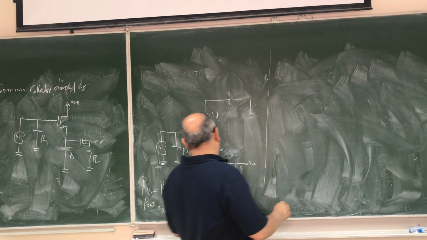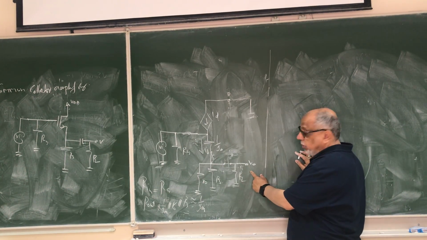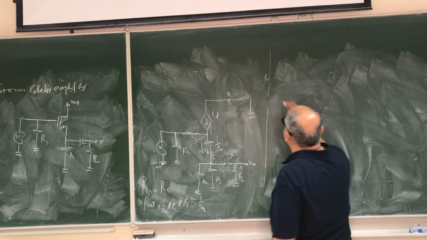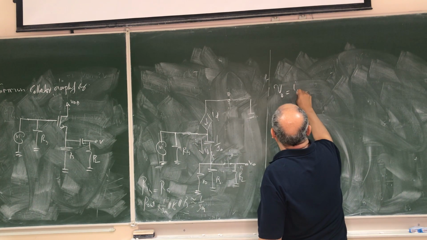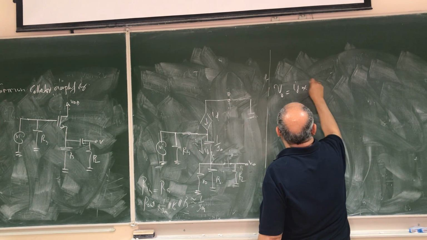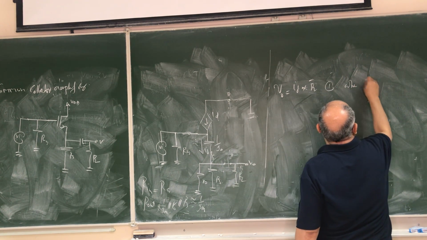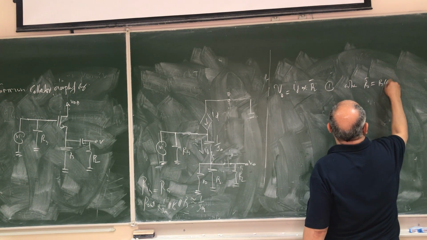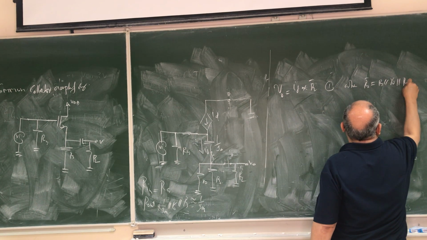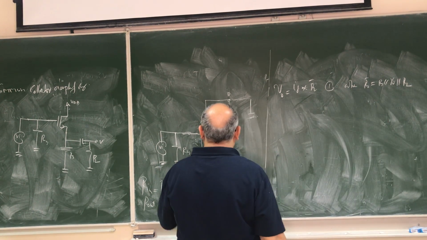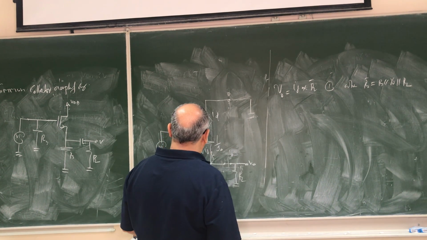So as you can see now, V out will be the current ID multiplied by the parallel equivalent of this resistor. So V out is equal to ID times RL dash, that's equation 1, where RL dash is equal to RS parallel with RO parallel with RL. Alright? That is V out.